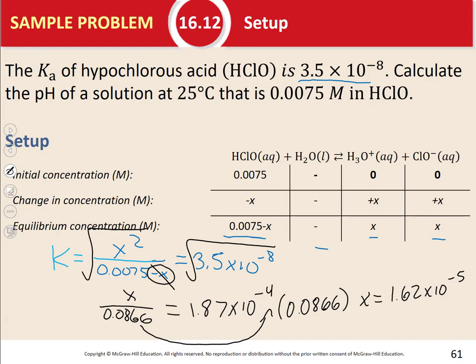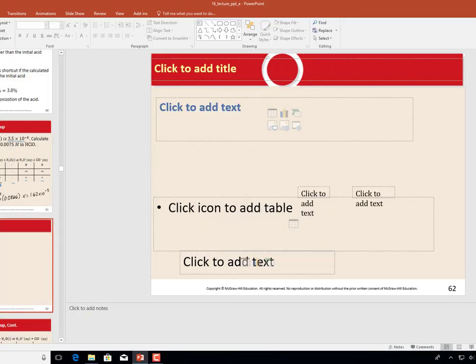So before we go any further, let's check and see if that was a good assumption by finding the percent ionization. So I'll just start a clean slide so we have some space here. Percent ionization is how much it ionized divided by your initial concentration times 100%.